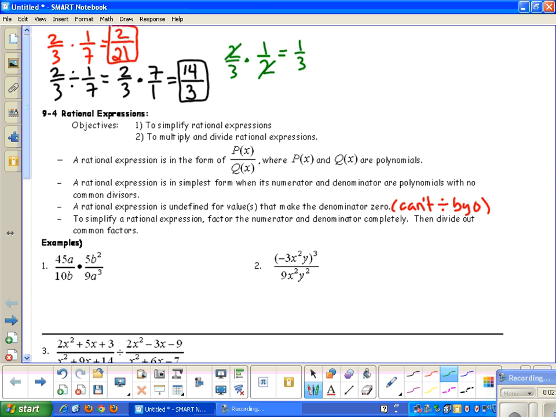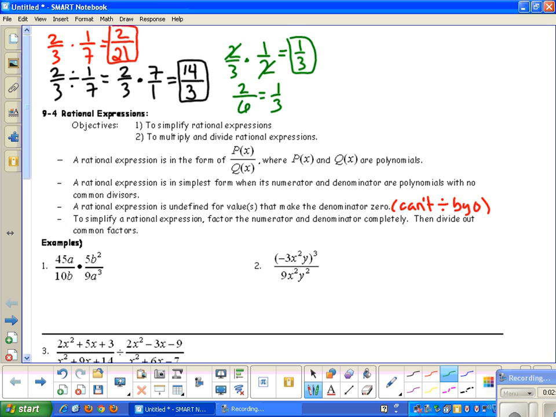Or before we cancel, you would have had 2 in your numerator, because 2 times 1 is 2, and 3 times 2 is 6, which reduces to 1/3. That's what I'm talking about, canceling out something from your numerator and denominator, because you have a 2 in each. And so that gives us 1/3.